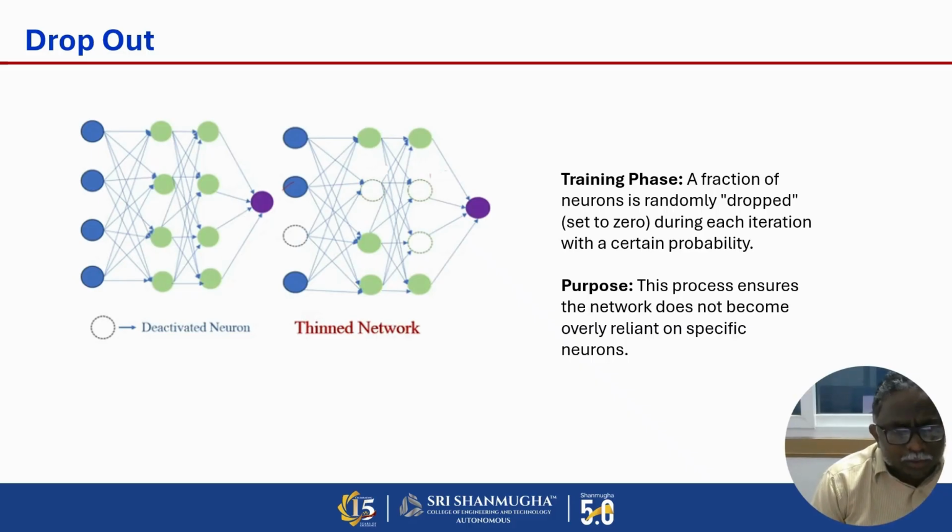When we see the model complexity is high, we can drop out certain neurons during the training phase with some probability. So it is going to be a random one. Okay, so dropout, I mean deactivation of certain neurons, helps to prevent overfitting issues in the model.